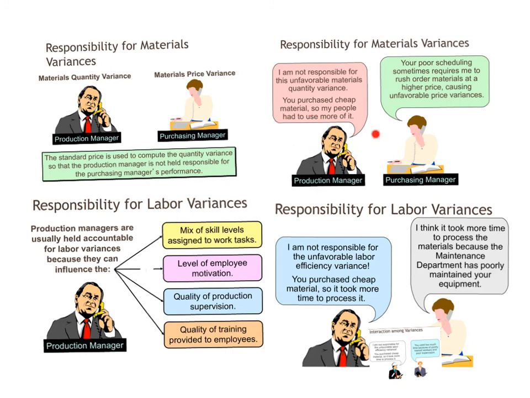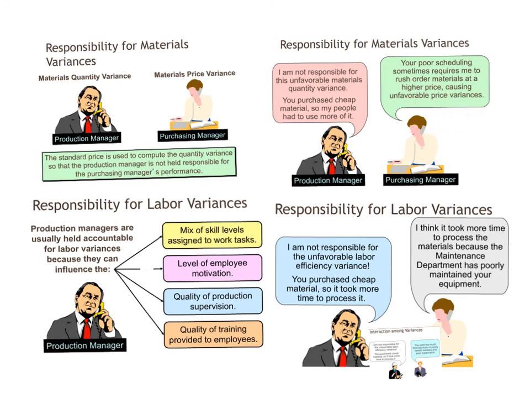Because the purchasing manager purchased cheap material, so they have to use more of the material. But the purchasing manager can say that poor scheduling requires him to rush orders, and when you rush orders, it will be at higher prices, causing unfavorable price variance.